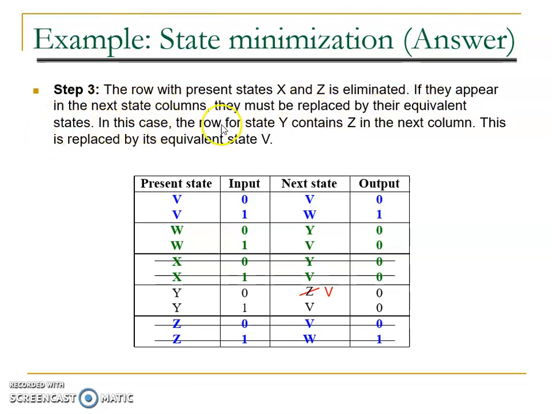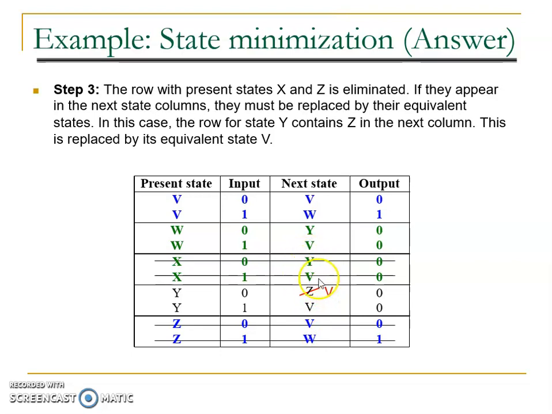If they appear in the next state column, they must be replaced by their equivalent state. In this case, the row for state Y contains Z in the next state column. So this is replaced by its equivalent state, which is V. Before we proceed with the eliminated states, we have to analyze again whether the next state column contains a state that we have already eliminated.